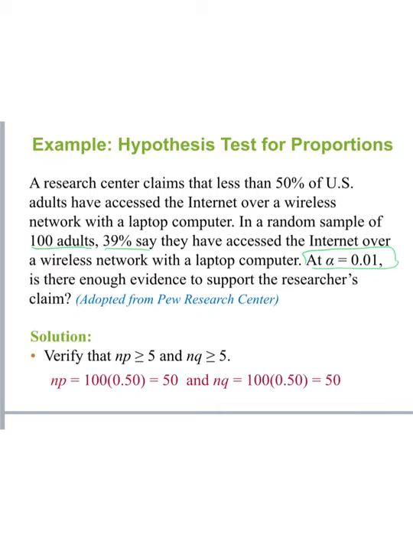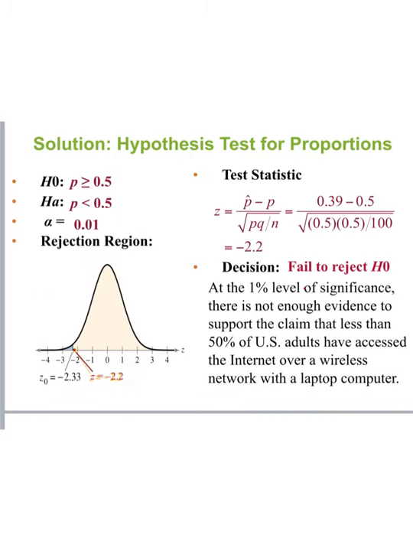The research center claims that less than 50% of US adults have accessed the internet over wireless. So what are we going to do? We're going to first set up this claim. Less than. This is the claim.